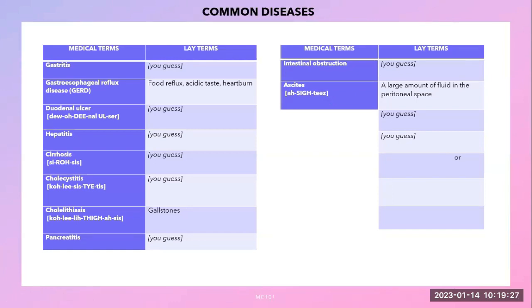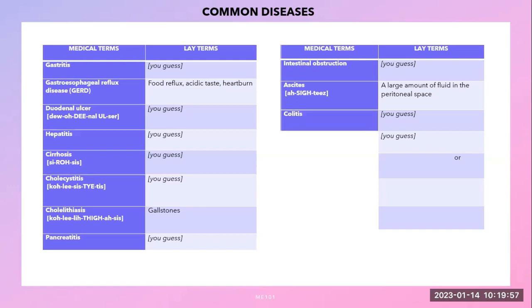But if the patient doesn't understand that, you can say there's some fluid inside your belly. That's it. We don't have to say that it is a peritoneal space, like the cavity. The abdominal cavity is a little bit different, but you can say to the patient that there's some extra fluid inside your belly. Okay.